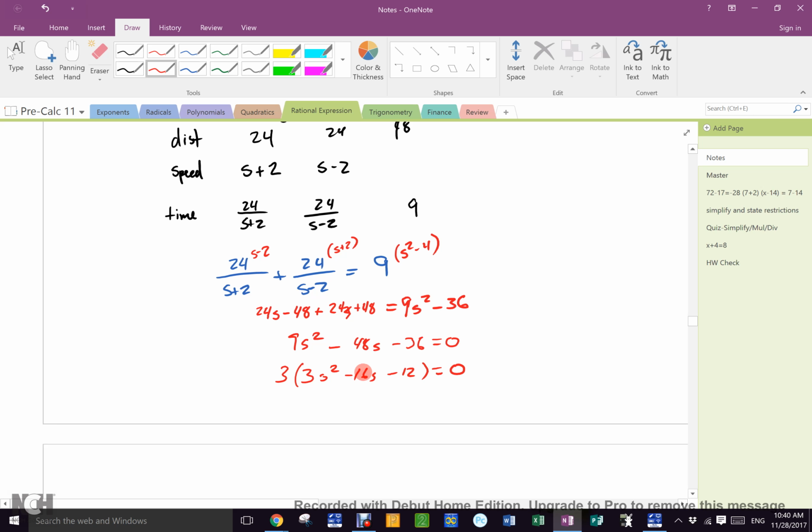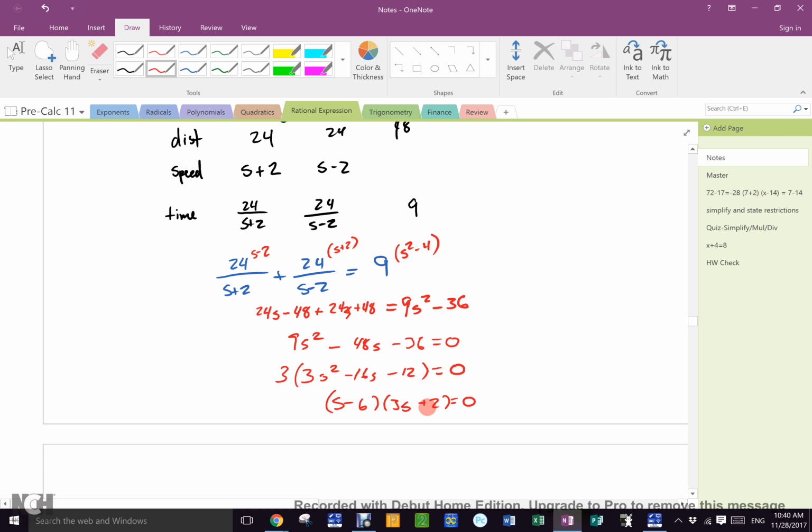So it's got to add up to that. So it's 18 and 2, right? And then I got to divide them by 3, right? S minus 6 and 3s, that's a 2. 3s plus 2 equals 0, yes?